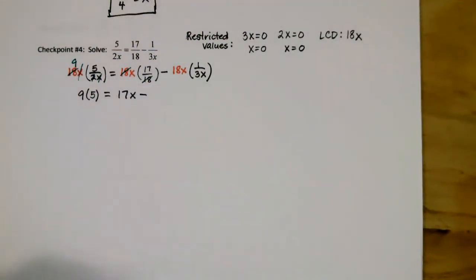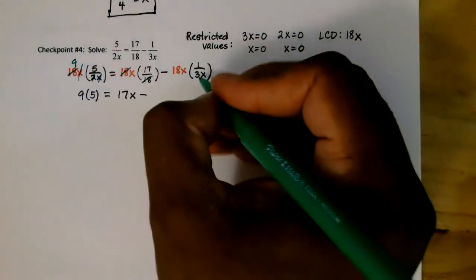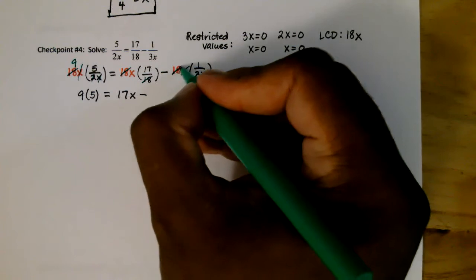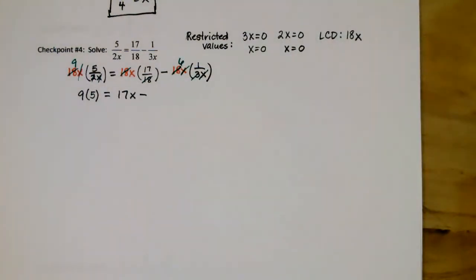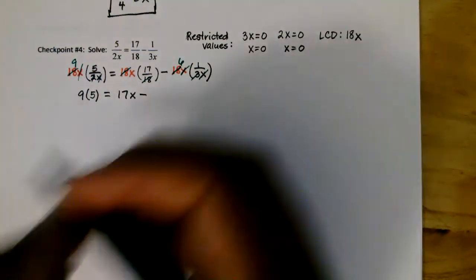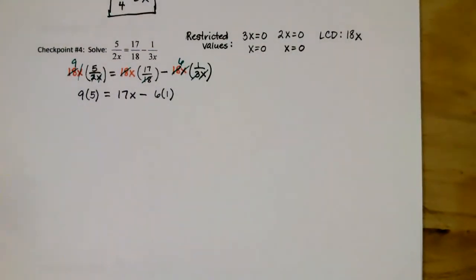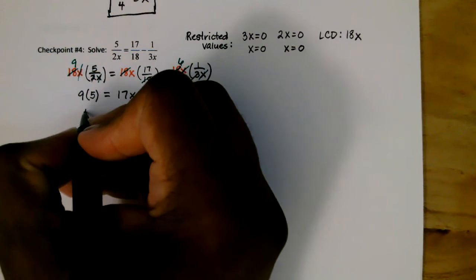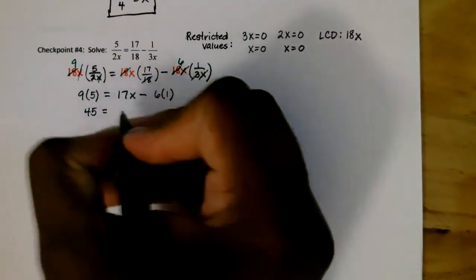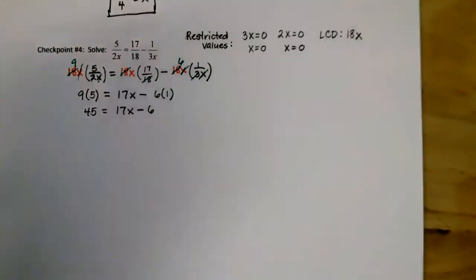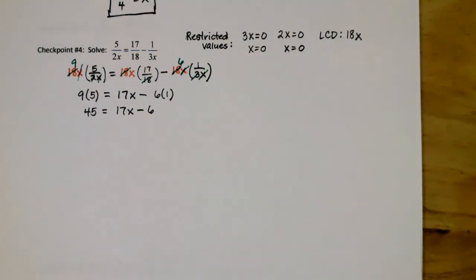And then minus, these x's are gone. And then 3 into 18 goes 6 times. So I'll have 6 times 1. Now, if I multiply 9 times 5, that will be 45, equal to 17x minus 6 times 1, which will be 6. So I got 45 equal to 17x minus 6.